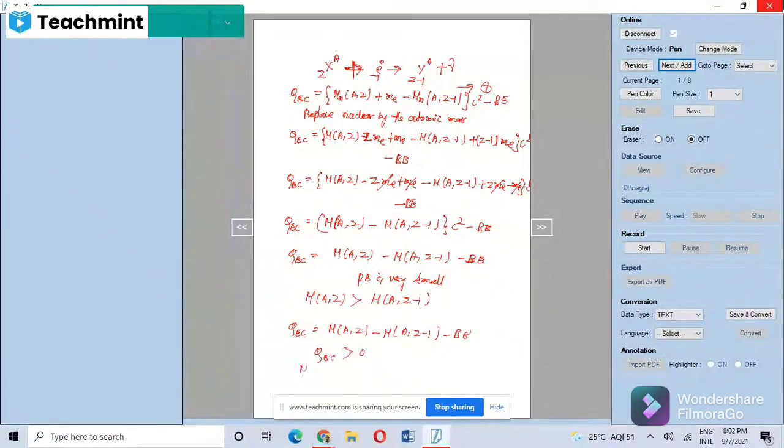Therefore, the mass of the parent nucleus is greater than the mass of the daughter nucleus plus the binding energy. This is the condition for the electron capture.